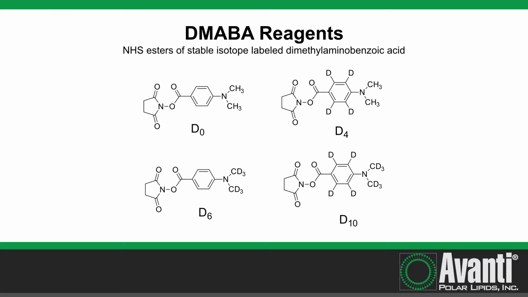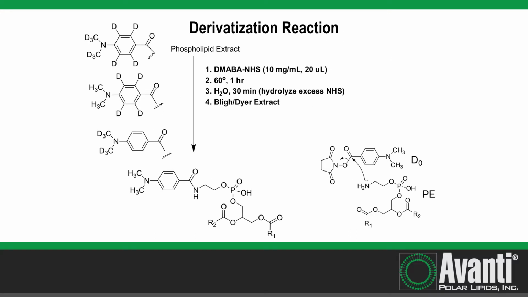So when we make these derivatives of the PEs, they are going to have exactly the same properties in terms of ion efficiency and stability, but they will have different masses we can measure in the mass spectrometer. So this is the chemistry which is carried out. We take these NHS esters, we incubate them at elevated temperature, and then we add water to hydrolyze the excess reagent, and then we do a Bligh and Dyer extract.